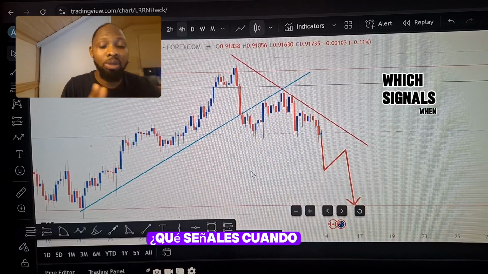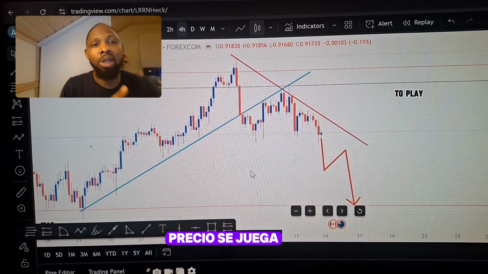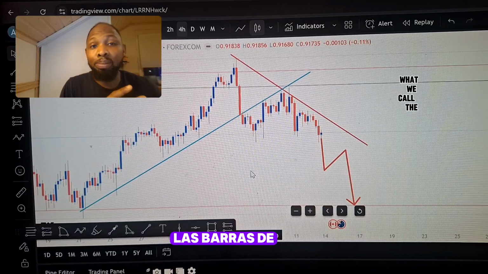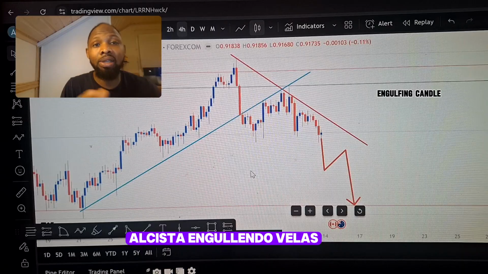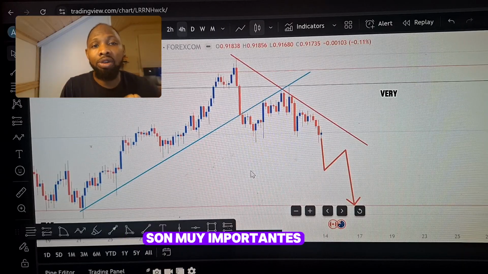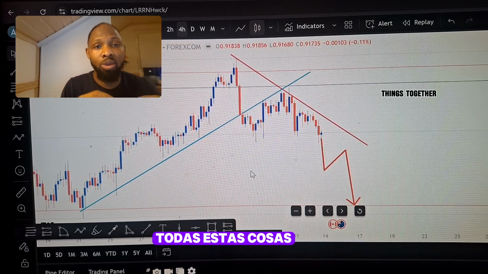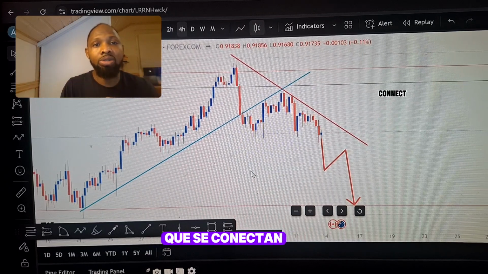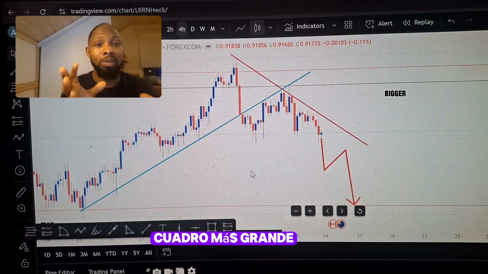When we're talking about the signals, this is where price action comes into play, like the pin bars, bearish engulfing or bullish engulfing candle, evening stars, and morning stars. All these things are very important, because if you are trading, you have to bring all these things together to make sure that they connect. And once you are able to do that, you will be able to see the bigger picture.